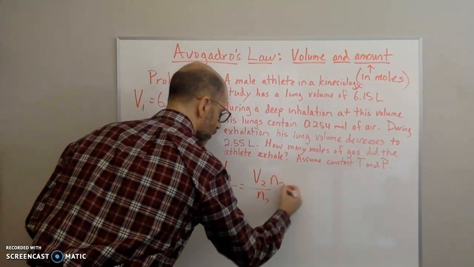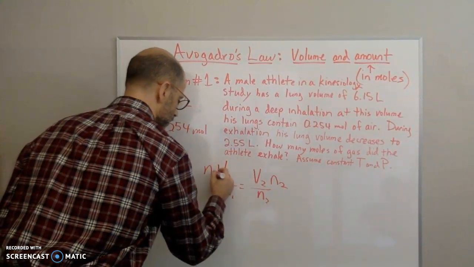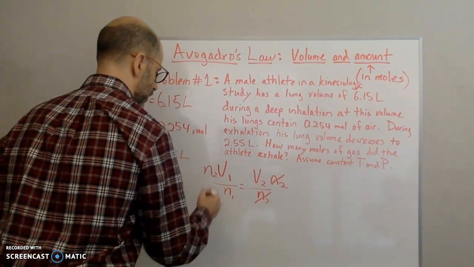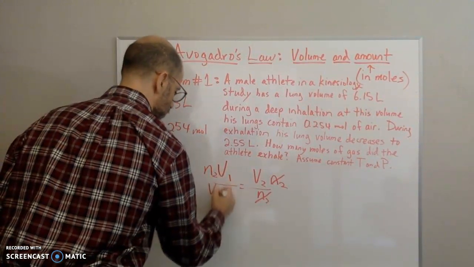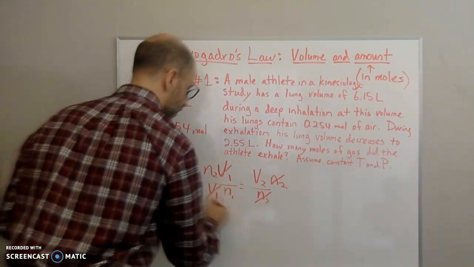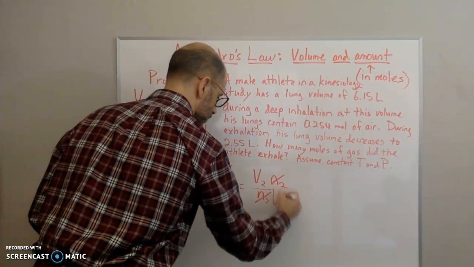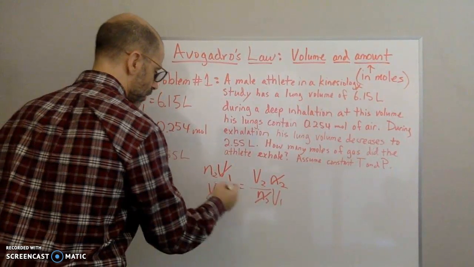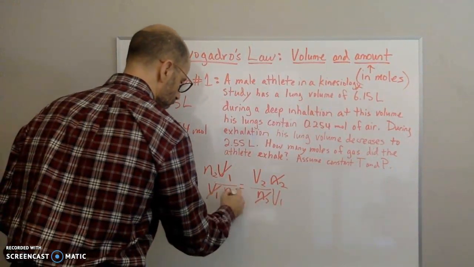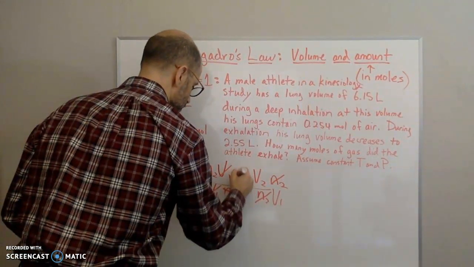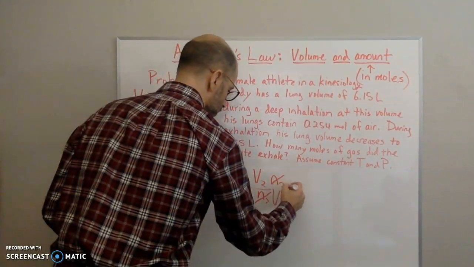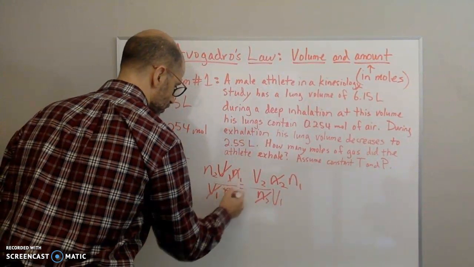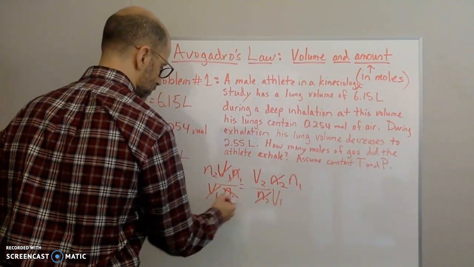So we need to find N2, so we can solve our equation for N2. I can multiply both sides by N2, and that's going to cancel out. And then I can divide both sides by V1, and that'll cancel out. And then I can multiply both sides by N1, and that'll cancel out.